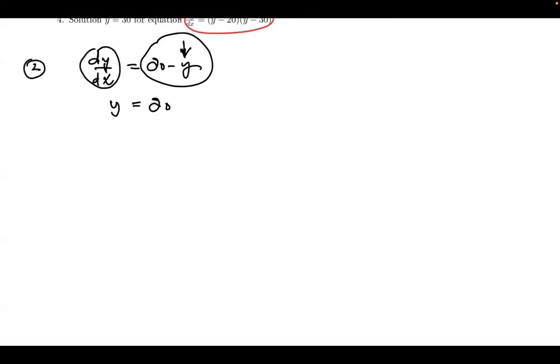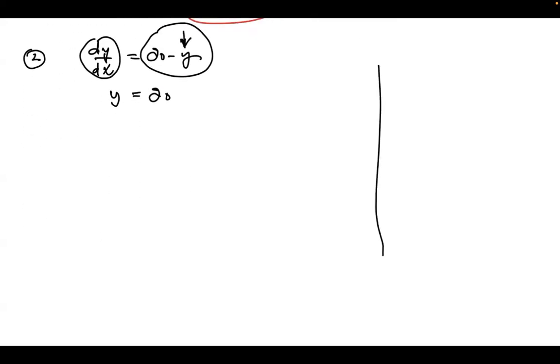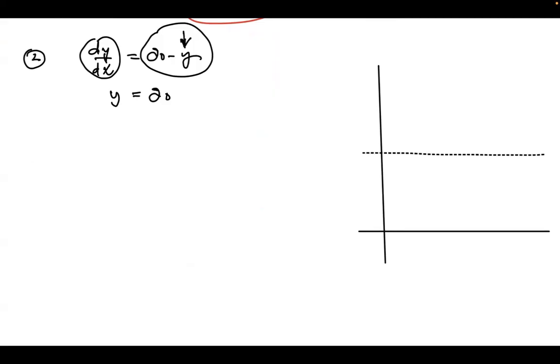So you know the tricks. So for example, this is the grid, and this is the solution y is equal to 20. Now you pick anything that is bigger than 20, say 21.